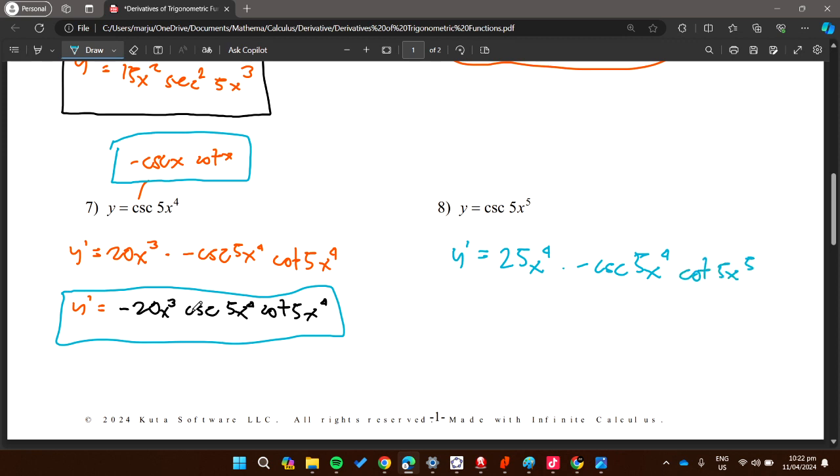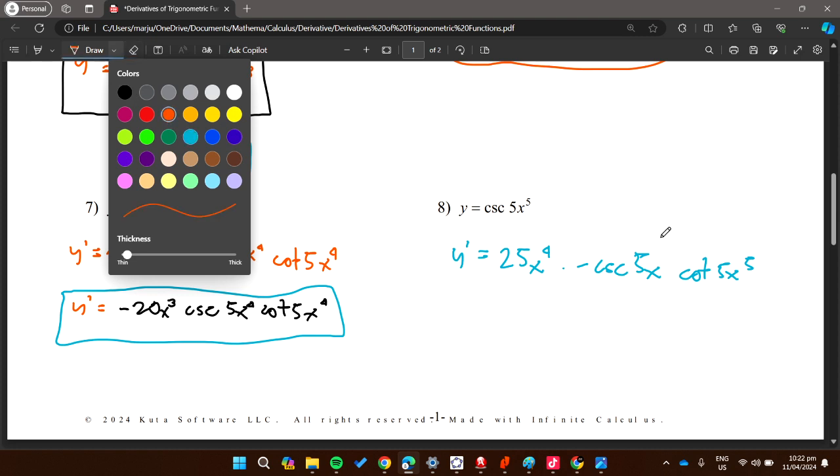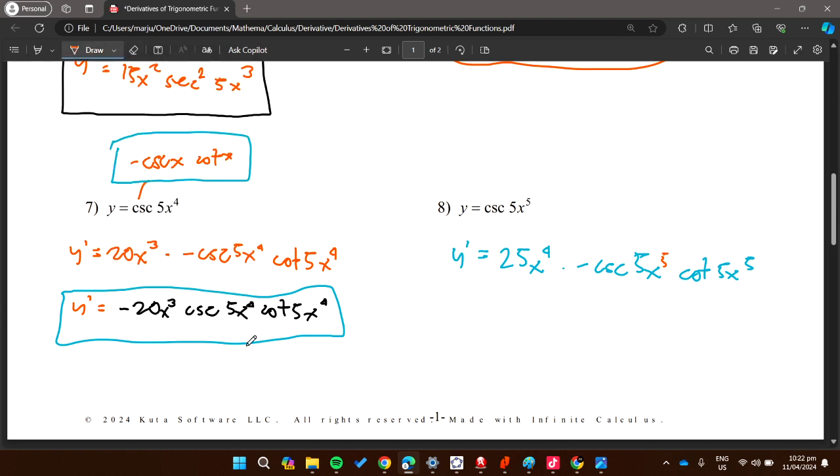I am now confused with an item. That should be 5, not 4. So this one, just change the number from 4 to 5 and then 3 to 4. That will be the same answer. We will no longer do that to save some minutes.